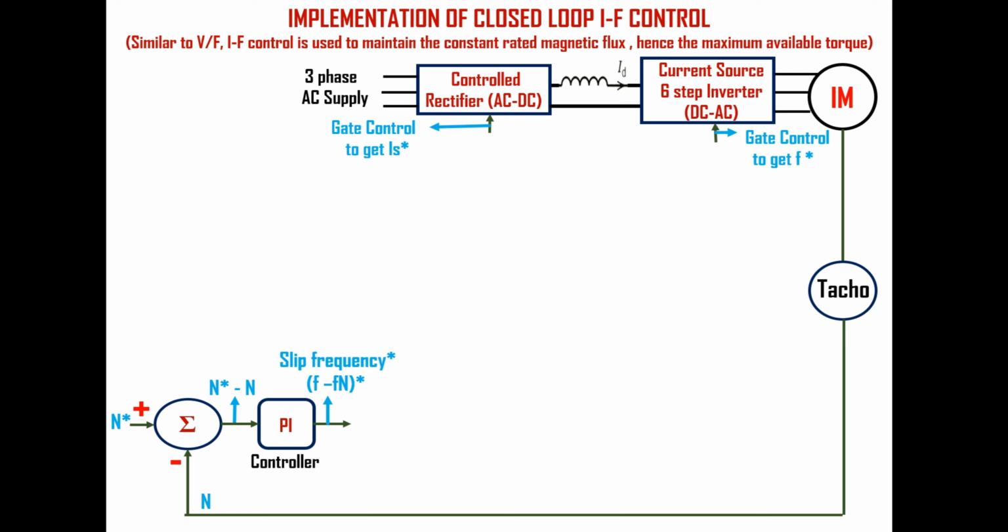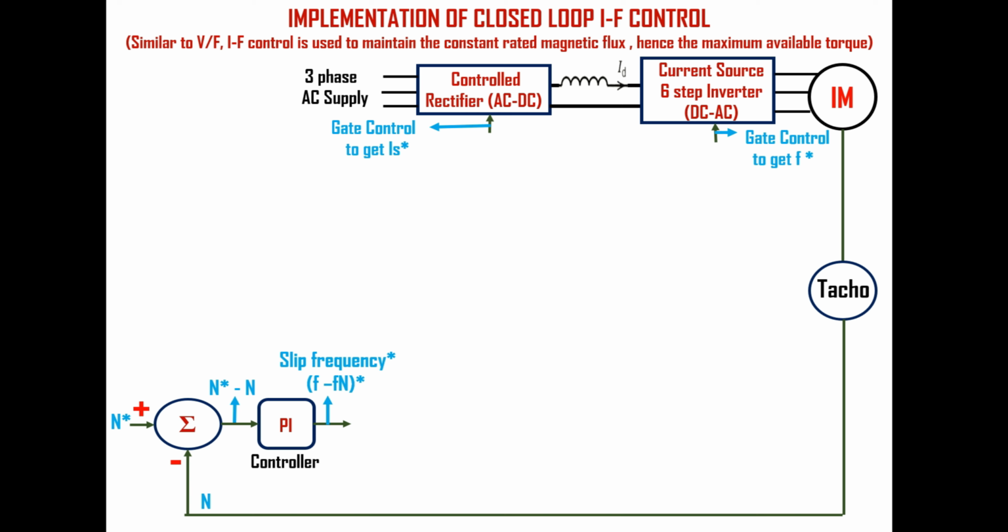In a DC motor, if you need to increase or decrease the speed, then you need to increase or decrease the torque, right? So, the output of the PI speed controller in a DC motor will be the desired torque. Similarly, in an induction motor, torque is proportional to slip speed ns minus n and hence the slip frequency fs minus fn, or simply f minus fn.